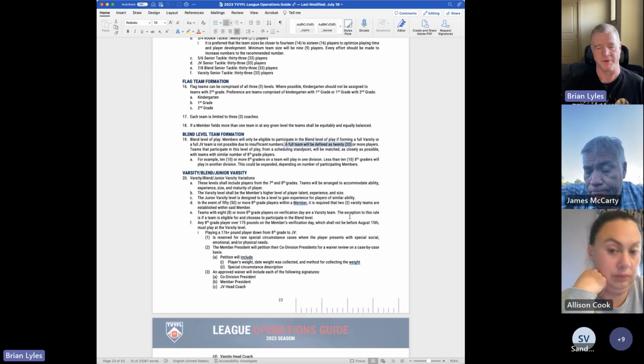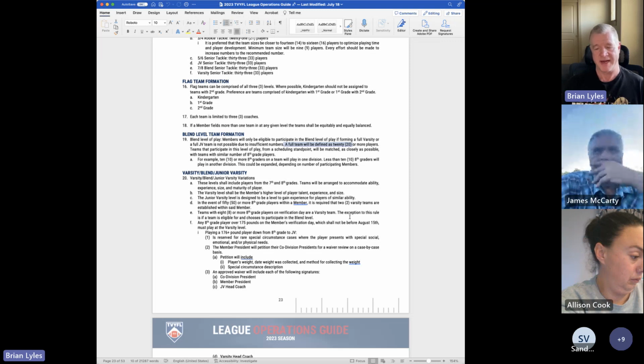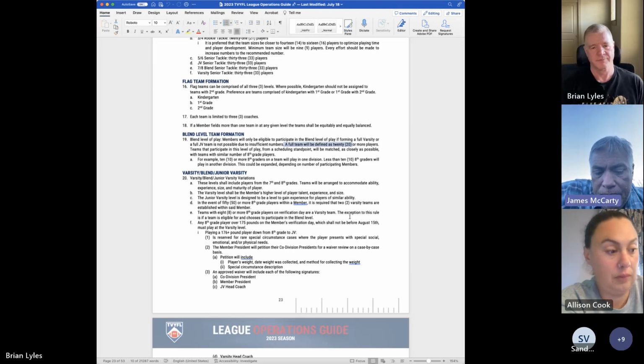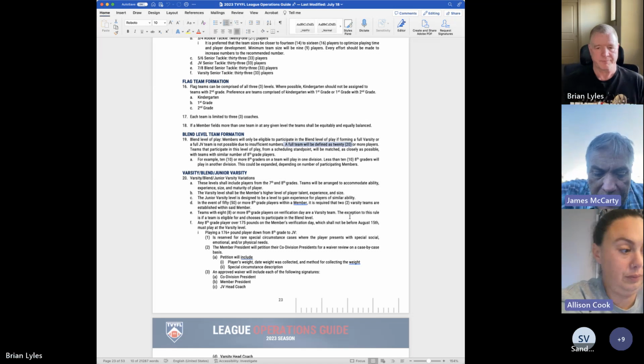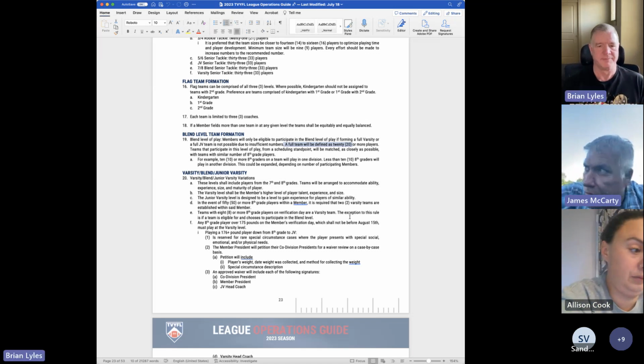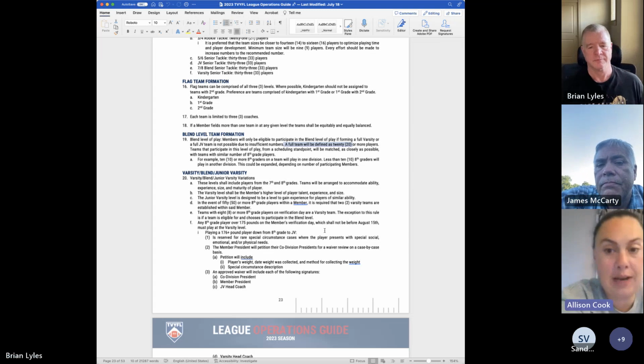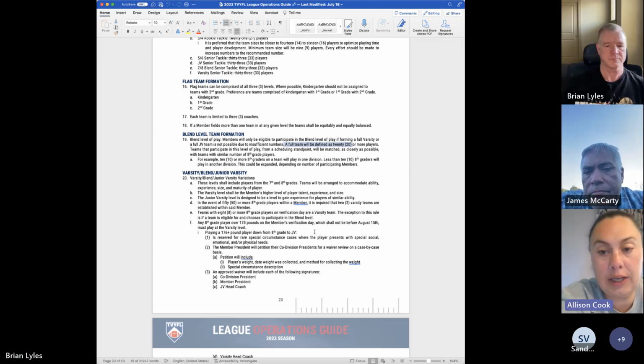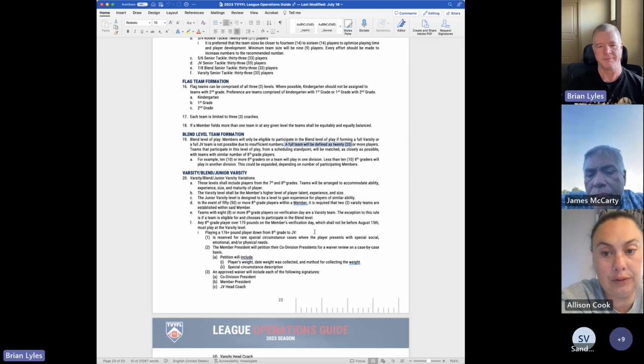So for example, if you have 20 seventh graders, but you have 8 eighth graders, at that point, you actually have to be varsity because you have over 7 eighth grade players. So it gets a little funny with the blend level teams. The key is the eighth grade players. Yeah, correct. And the 19 or less, because 20 is where we cross over. Yep.